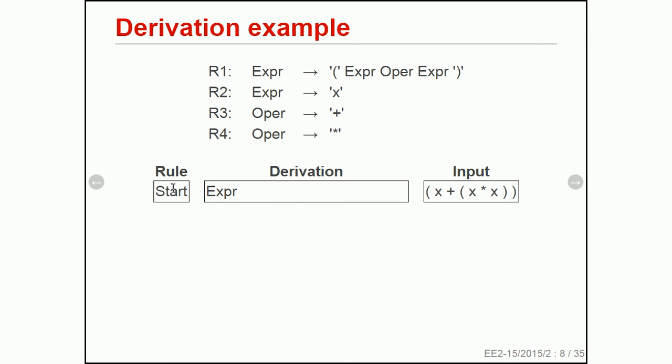And to start with, our sort of initial thing says we must match an expression. So if we look at this input and the possible productions for xbar, this cannot match x. It's wrong. Like, there is no x there, this whole thing is not x. So the only rule it can match is this thing here.